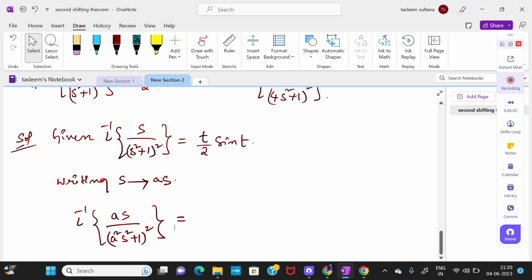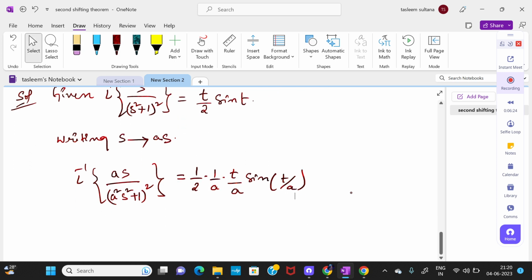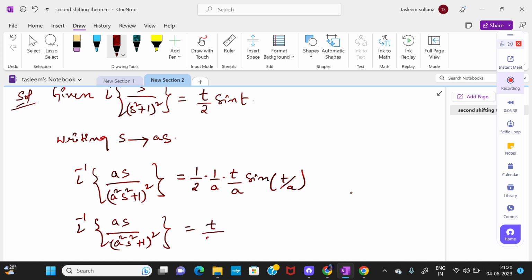The 1 by 2 will be as it is, then 1 by a, and wherever the t is there, it should be divided by a: t divided by a into sine of t divided by a. Now simplify. L inverse of as divided by a square s square plus 1 whole square is equal to t divided by 2a square into sine of t divided by a.